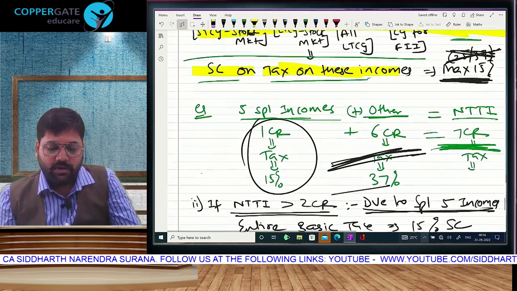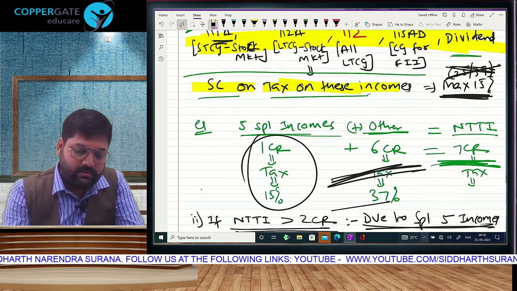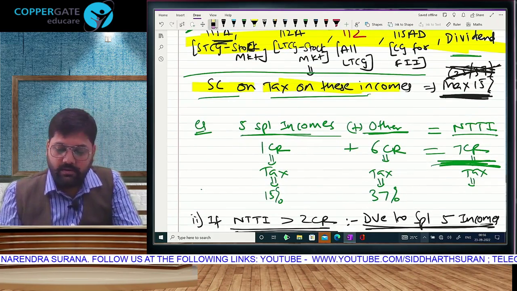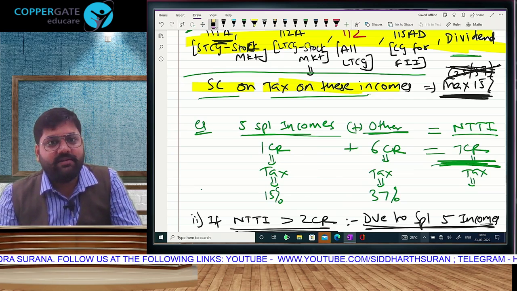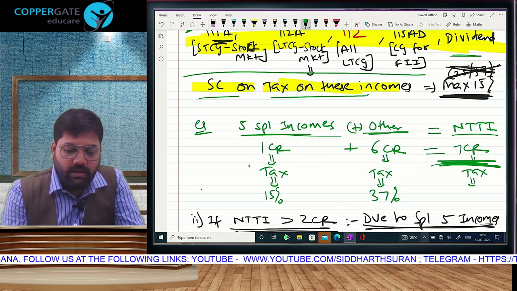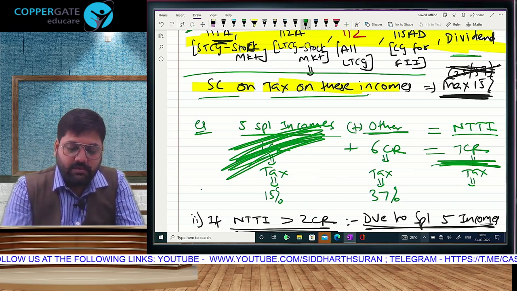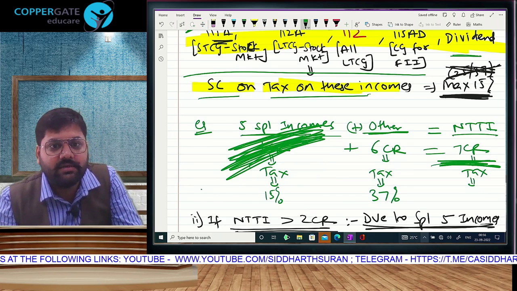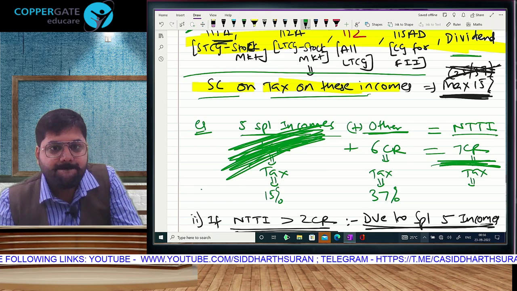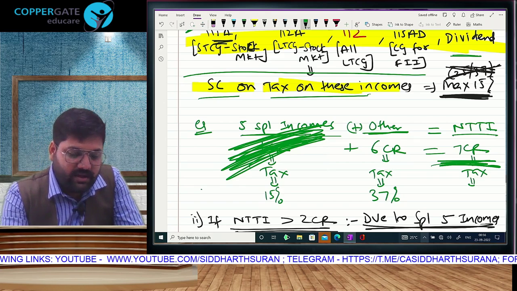Come to the first example. This is 1 plus 6, 7. Remove these special incomes. In your notebook, you don't cancel like this, because I use technology.